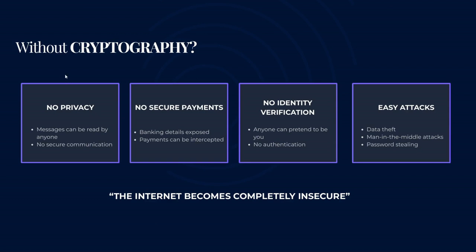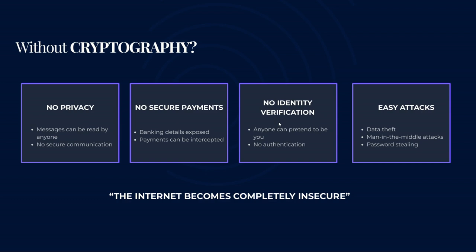Let me start with a simple question. What if cryptography didn't exist? Imagine sending a message and anyone on the internet can read it. There would be no privacy at all. Now think about online payments. Your banking details would be easily intercepted. This means no secure payment. Even worse, there would be no identity verification.